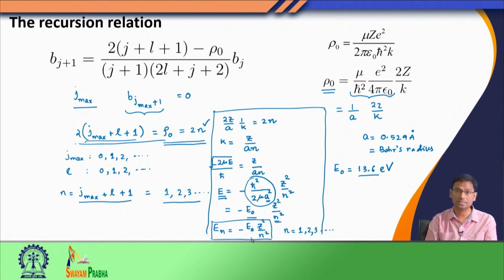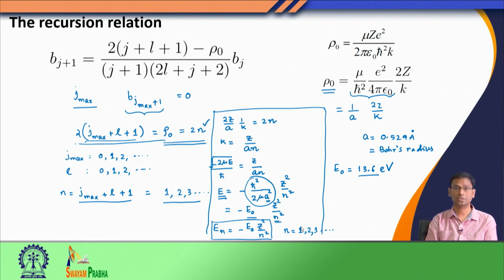That is the lowest energy of hydrogen atom. What is the next energy level? Next energy level I will get when I apply n equals 2. When n equals 2, this is minus 13.6 divided by 4, and by using higher and higher values of n, I can determine the higher energy levels of hydrogen atom.